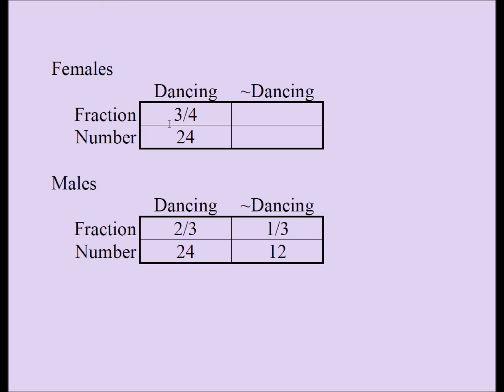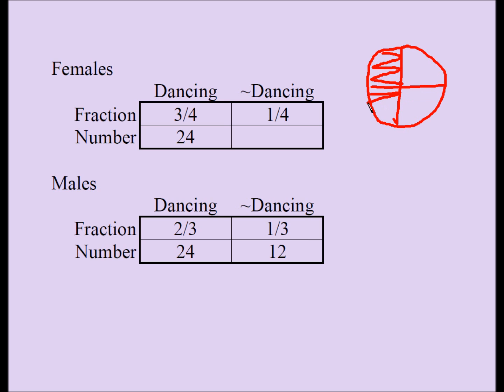Okay, if 3/4 of the female students are dancing, then 1/4 of the female students are not dancing. That's where I get 1/4 from. So how do we find what 1/4 is? Let's really do it carefully. So if 3/4 of something is 24, let's shade it here.